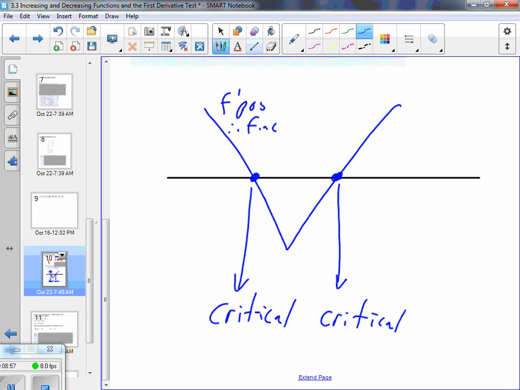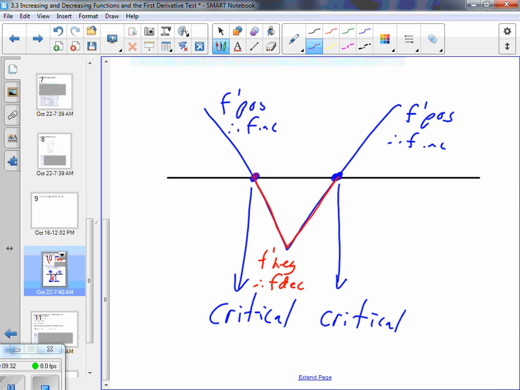Between the critical numbers, let me change the colors to make it easier. Between the critical numbers, so they're in red, what's the sign of f prime? Negative. Therefore, what's f doing? Decreasing. Back to the right of that last critical number, what's the sign of f prime? Positive. Therefore, what's f doing? Increasing again. Okay?